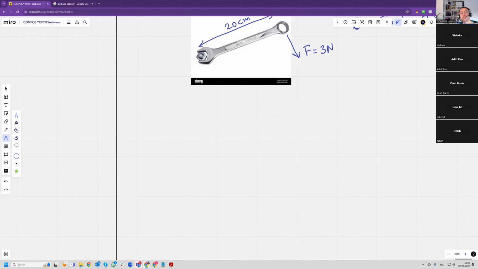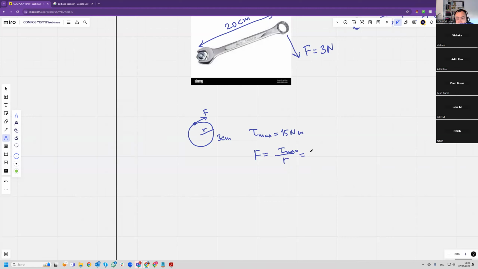So to find the force, you need to measure this radius. Suppose this radius is 3 centimeters, and the maximum torque is 15 Newton meters. That means the force you need to apply here is the maximum torque divided by the radius.